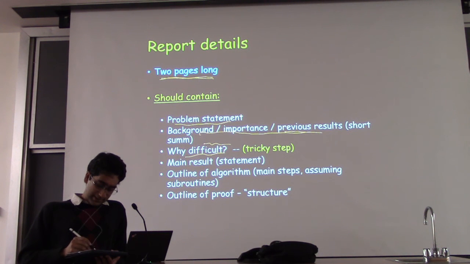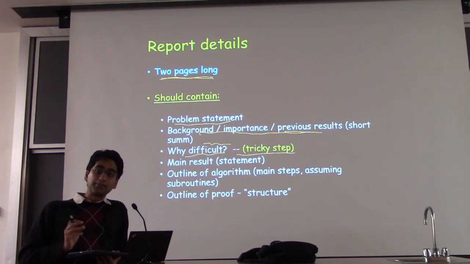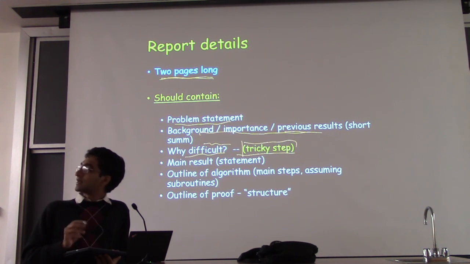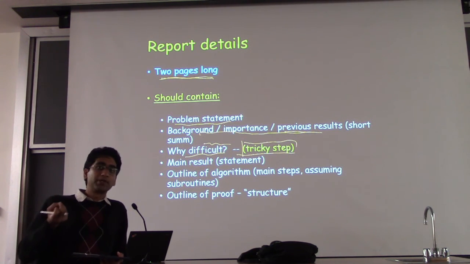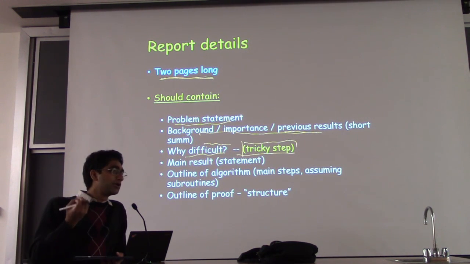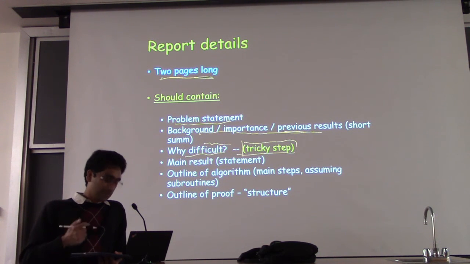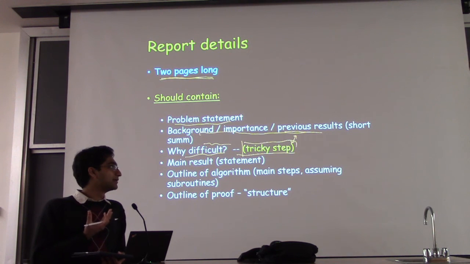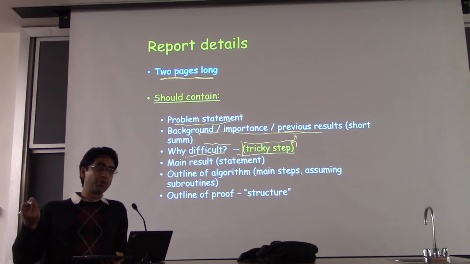This is very subjective, and in some sense optional. It is nice if you can point out something like this, but I understand that for some papers it might be very hard to quantify. This is related to the importance, because sometimes problems are important just because they're difficult.